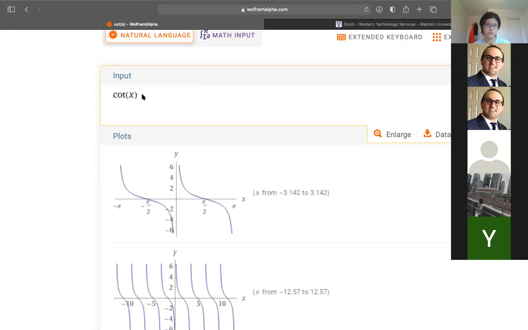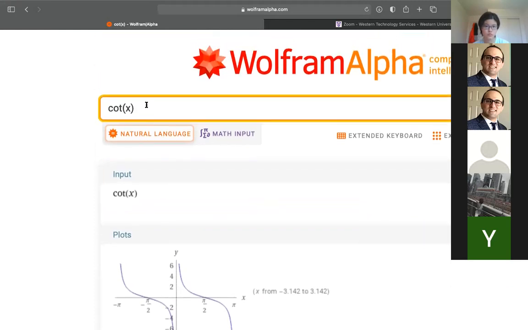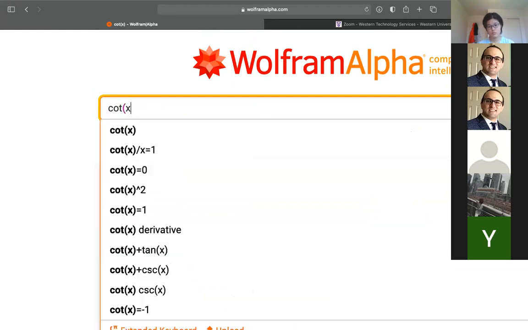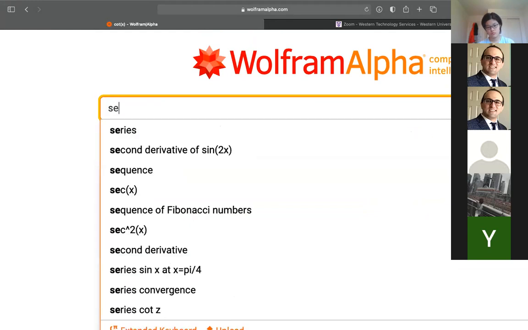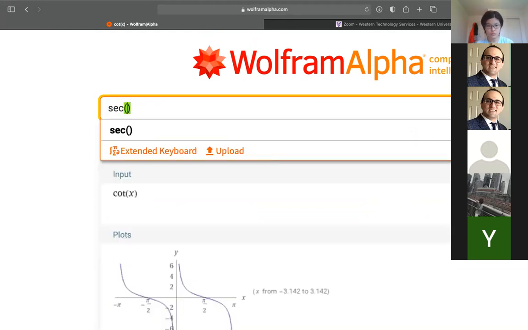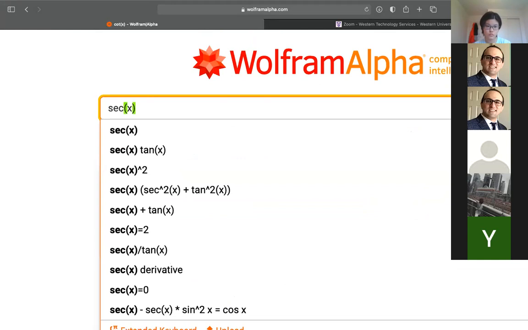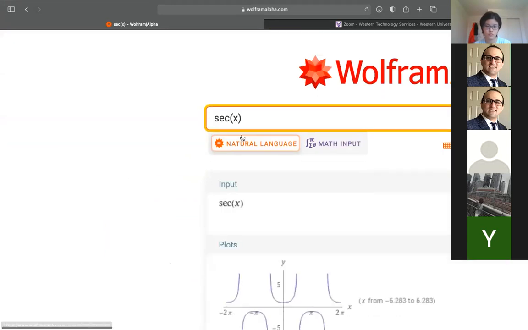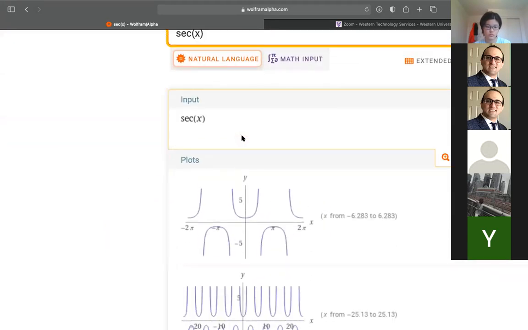You can also define 2 more functions that we can build from sine and cosine. One of them is 1 over cosine. 1 over cosine of theta is called secant of theta, or secant of x.